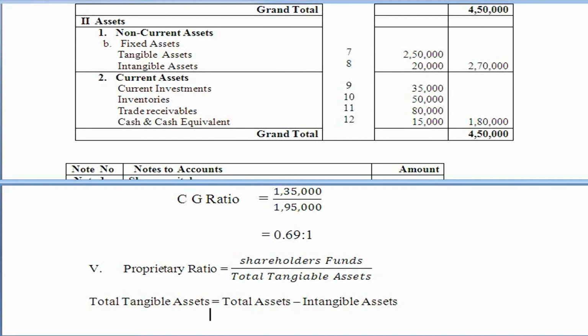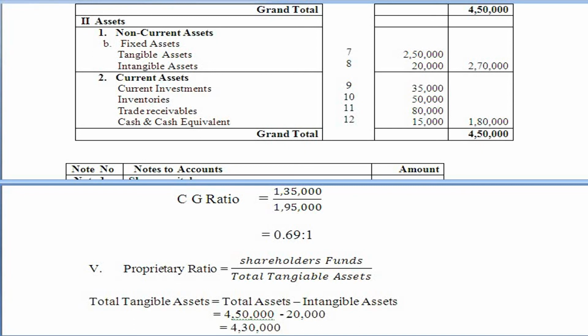It is 4,50,000. So write 4,50,000 minus intangible assets, how much? It is 20,000. See here, goodwill 20,000. So tangible asset is equal to 4,30,000.